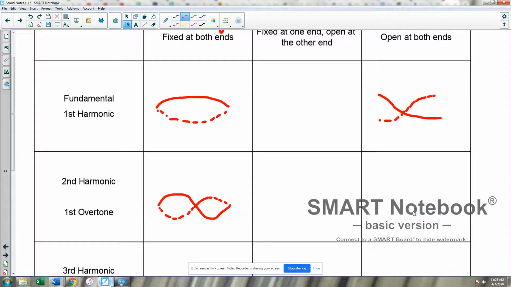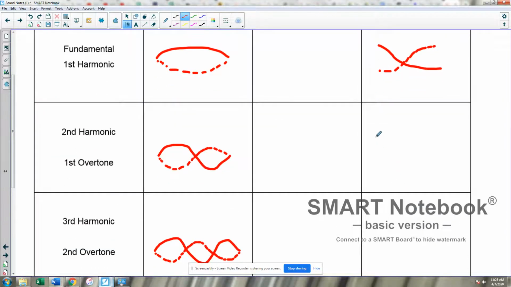You could do the second harmonic the same way, but you have to put up, down, up. And you realize that here's one half of a wave, and these two parts make the other half of a wave.